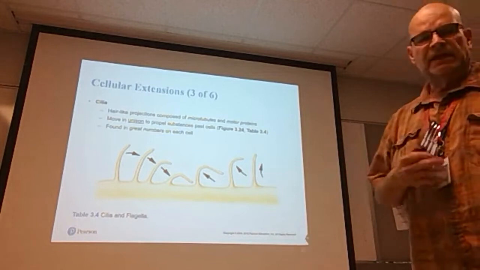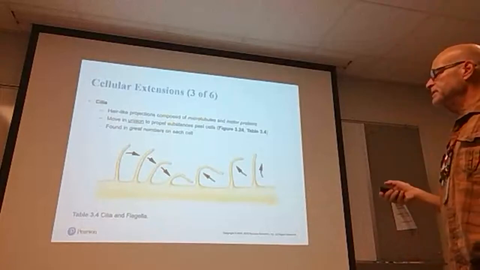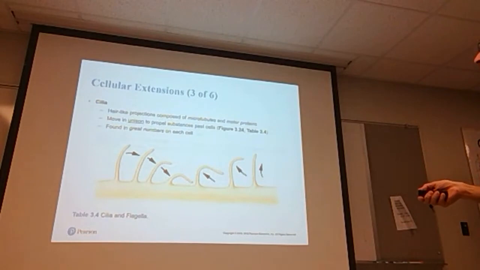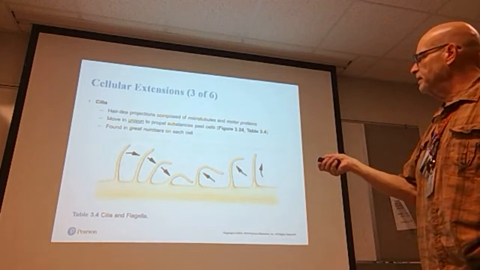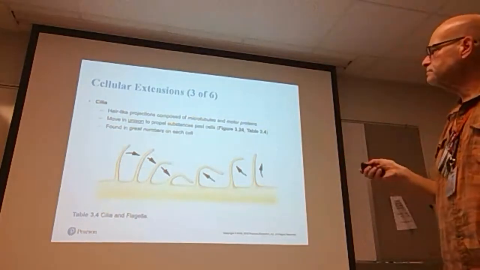Some of those, the cell itself moves through cilia, but for us, the human organism, our ciliated cells are designed to move this way, and they're going to come back up the opposite way. And ultimately what that does is it creates a current, so things are moving this way past the cell.